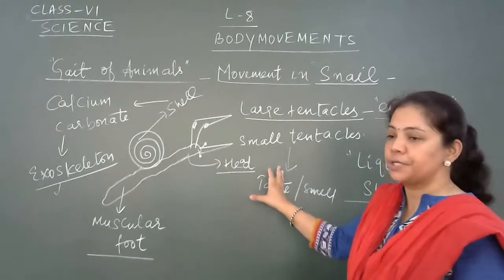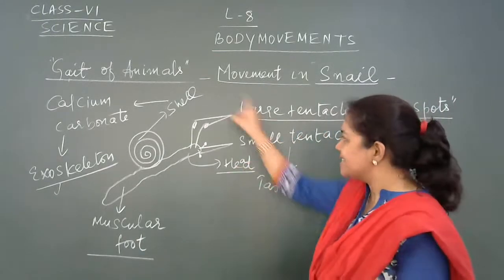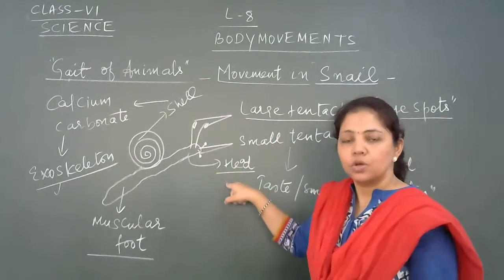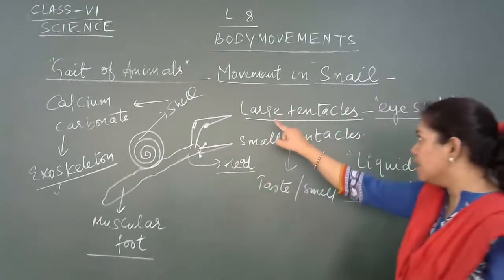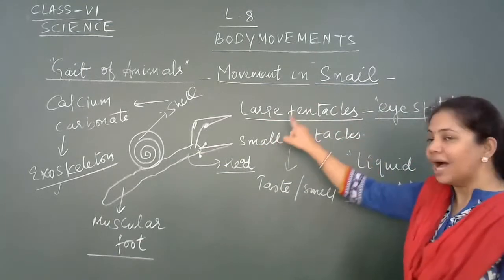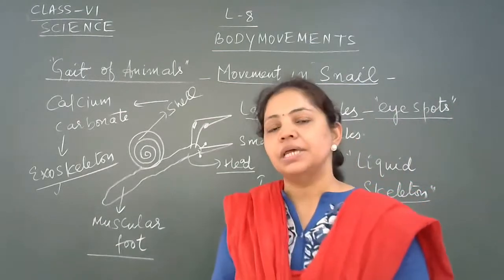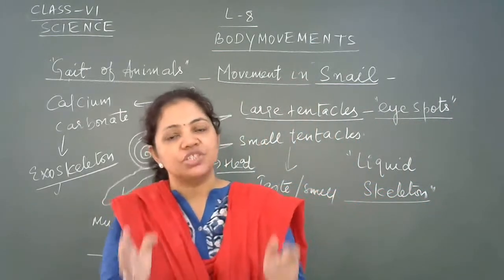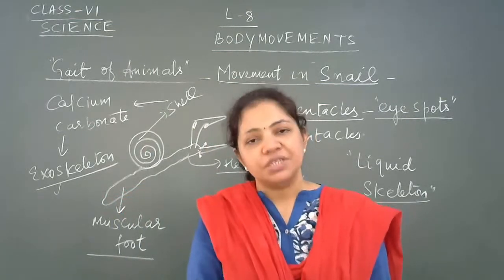Right now, focus here. Okay, so I told you that on the head of the snail, two types of tentacles are present: large tentacles and the small tentacles. Large tentacles, they have got eye spots. They simply help a snail to know the direction from which light is coming, so that they can move comfortably.